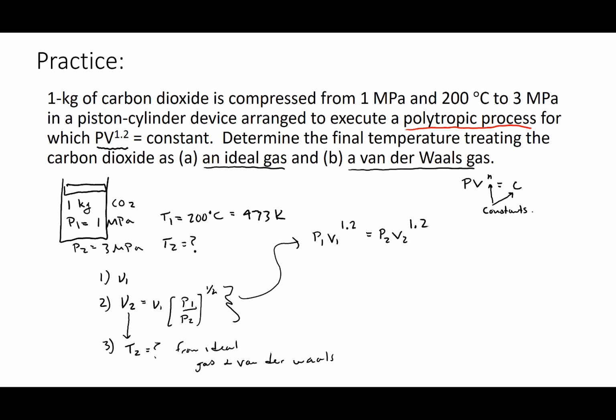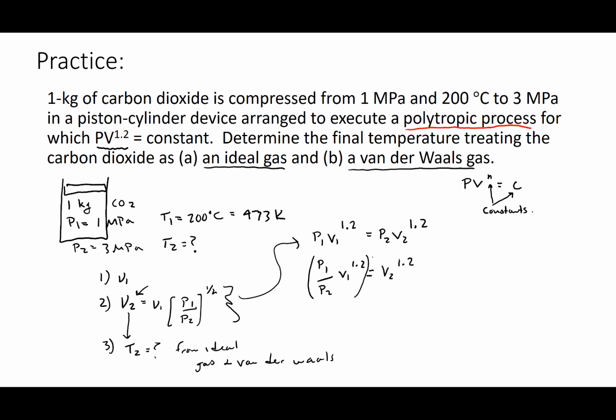I want to solve this equation for V2. I divide by P2, so P1 over P2 times V1 to the 1.2 is equal to V2 to the 1.2.